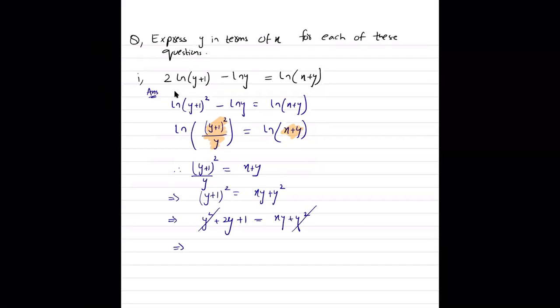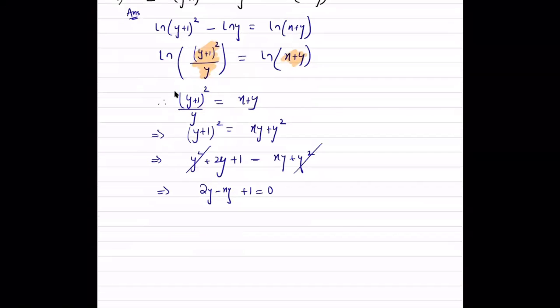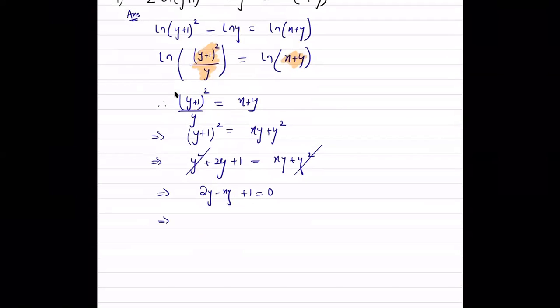Y square would be cancelled out. 2y minus xy plus 1 equals 0. If I take y common out, I'm going to get y times 2 minus x equals minus 1. Either I can write minus 1 upon 2 minus x, or if I take the minus sign common from the denominator, I can write 1 upon x minus 2. Same thing, okay?